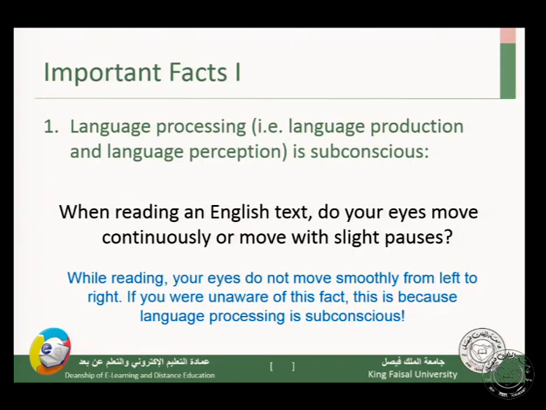So while reading, your eyes do not move smoothly from left to right. I'm sure every one of you keeps pausing while reading. If you are unaware of this fact, this is because language processing is subconscious.